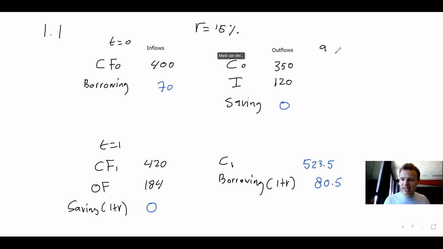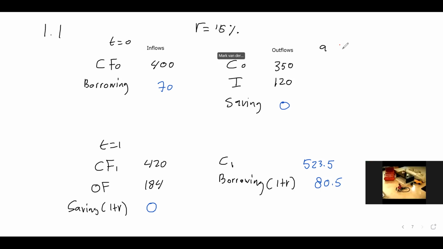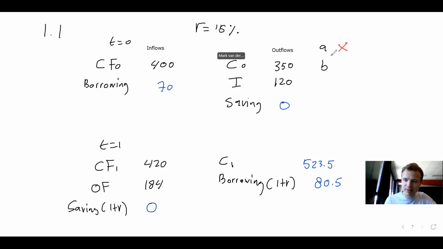So we already know that A is true or false. He says that the consumption is 513.5. Is that correct? A and B are both false. Yes, A and B are both false.